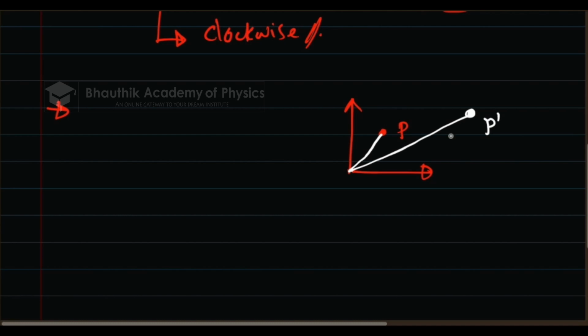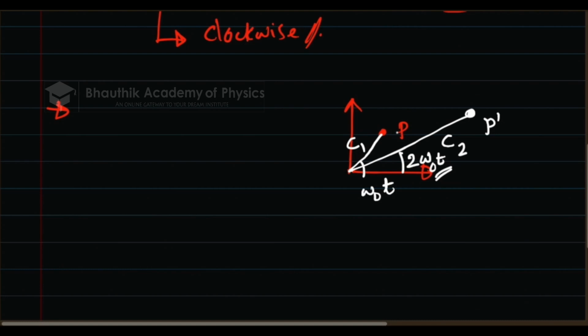This time its length is C2, this length was C1, and the angle was omega 0 t. In this case, I have introduced another vector with an angle 2 times omega 0 t. This is where the change happens.